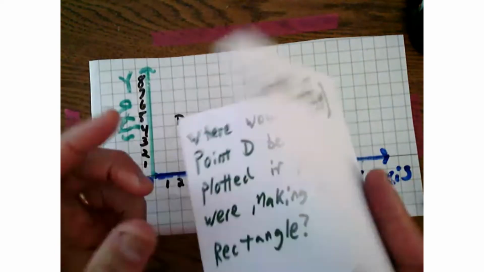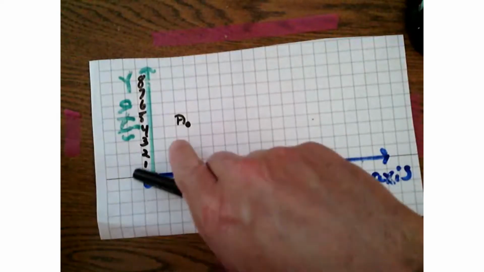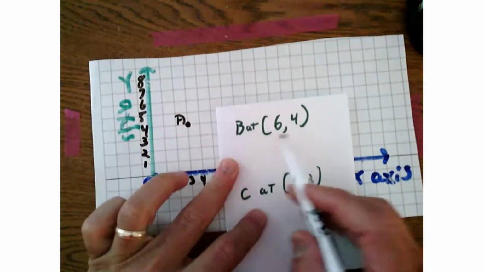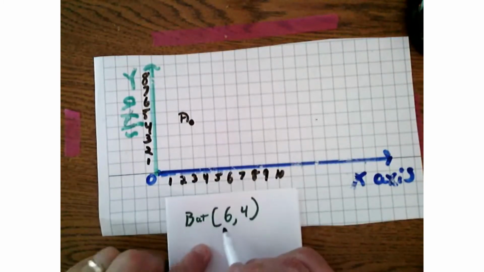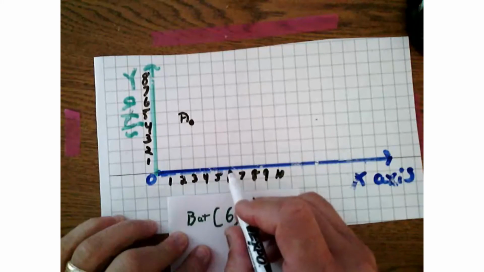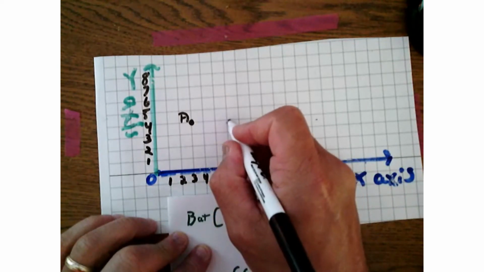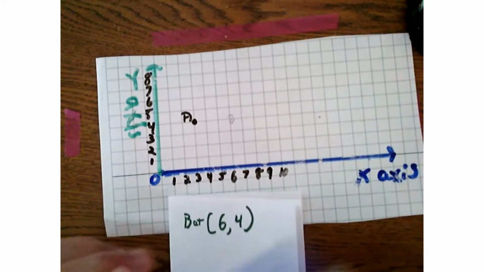So what else could I do with this? I could also ask you to plot a couple points instead of giving you the point. I could say, can you put point B at ordered pair 6, 4? Sure I can. Ordered pair 6, 4 goes right 6, up 4. 1, 2, 3, 4. Of course that ran out. Okay, let's try it with green.